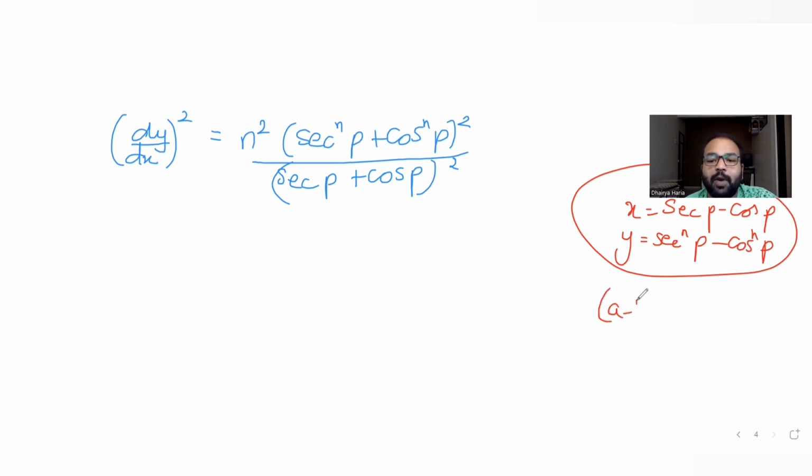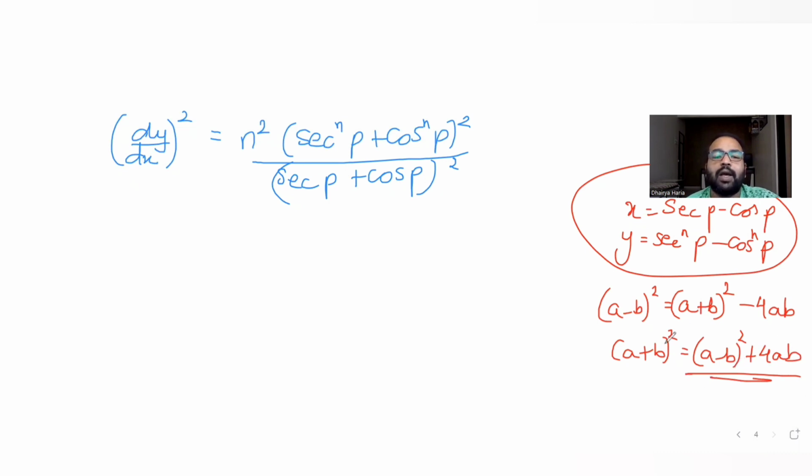If I want a minus b the whole square, I can write it as a plus b the whole square minus 4ab. So if I have a plus b the whole square, as it is given in this question, I can write it as a minus b the whole square plus 4ab.